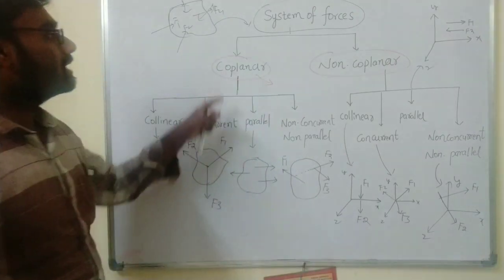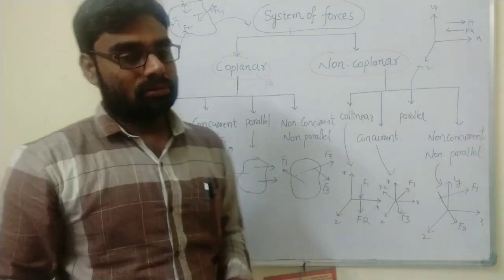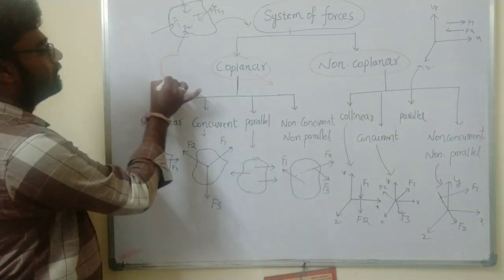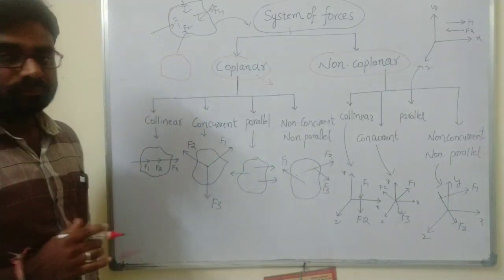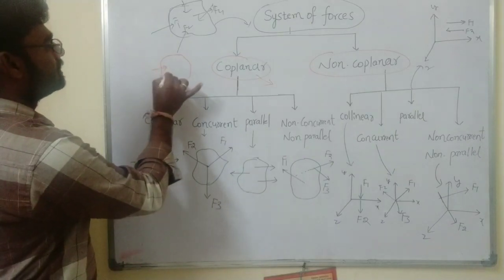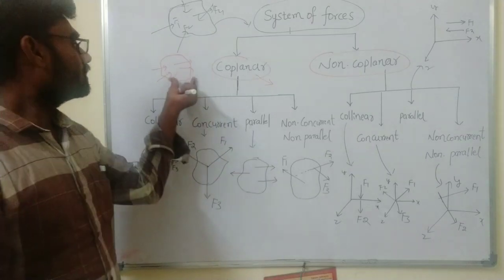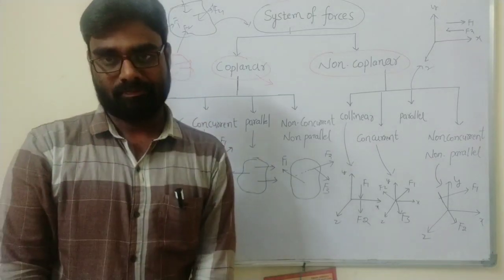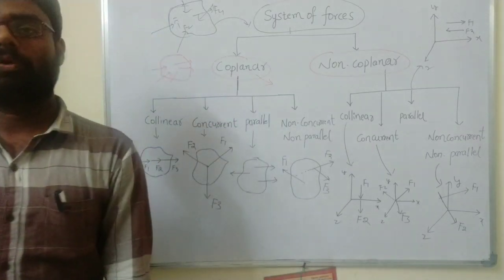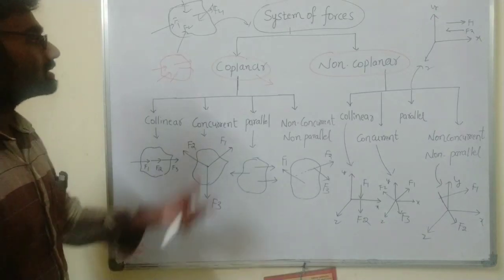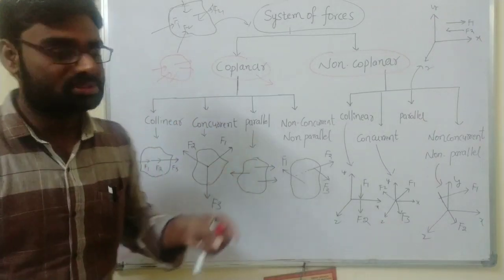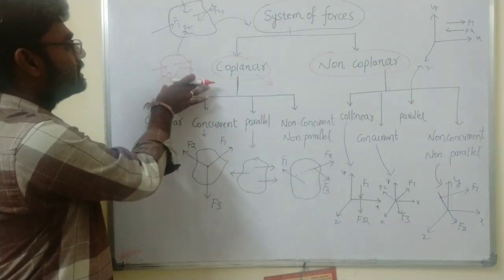Now I am taking one plane. The forces acting on a single plane are known as coplanar forces. That means the line of action of all the forces lies in the same plane.